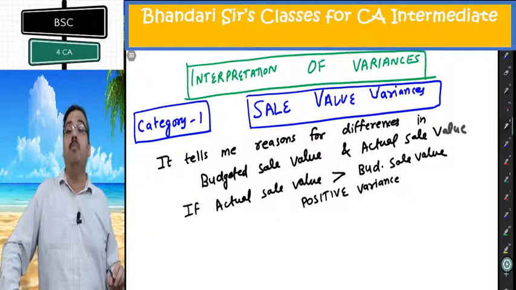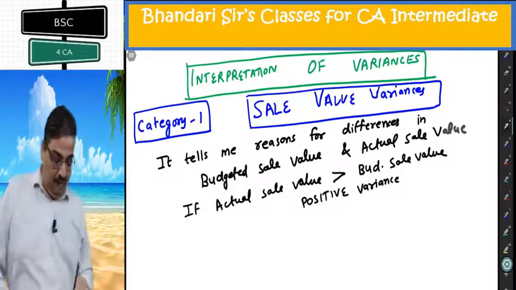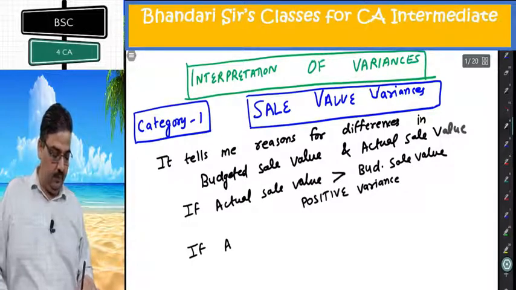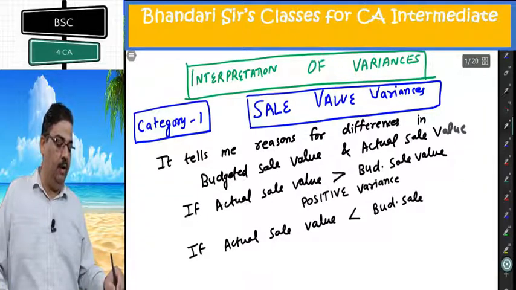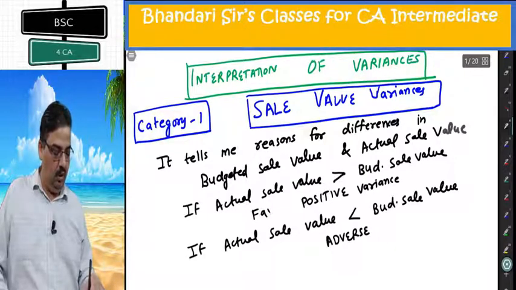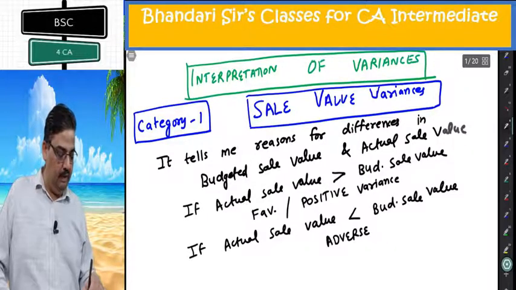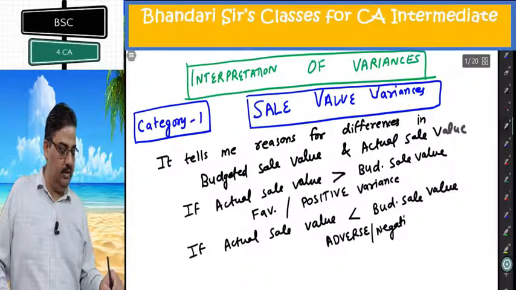Your revenue is more than what you had planned. Positive variance. If actual sale value is lower than budgeted sale value, we get adverse. Here we call it favorable or positive, adverse or negative variance.